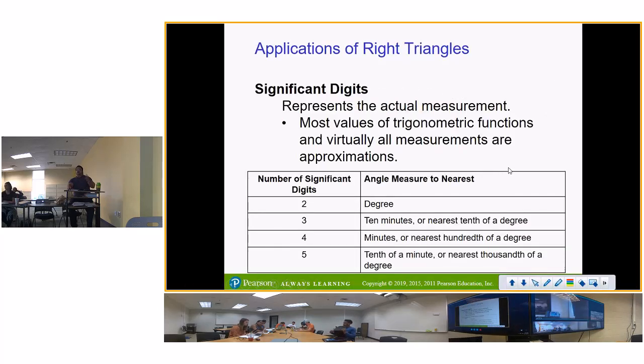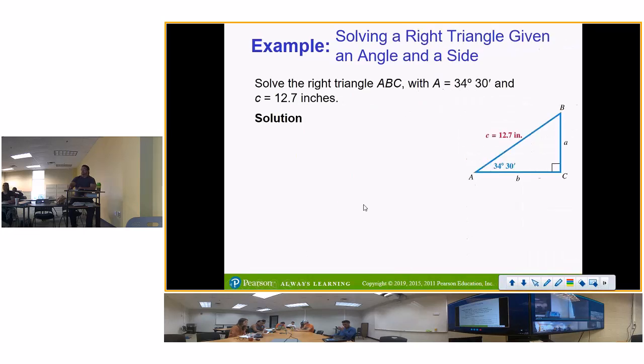Okay, degrees, minutes, seconds. I don't care about this because in real life, degrees are 2, minutes are 2, and seconds are 2. So I don't really care about what they say, but that's up to them. Here is a problem, and we might have touched on this before we left.